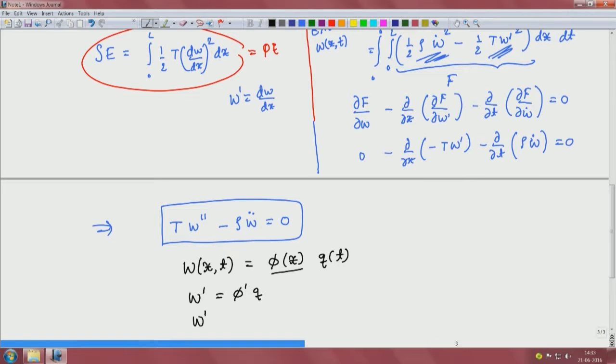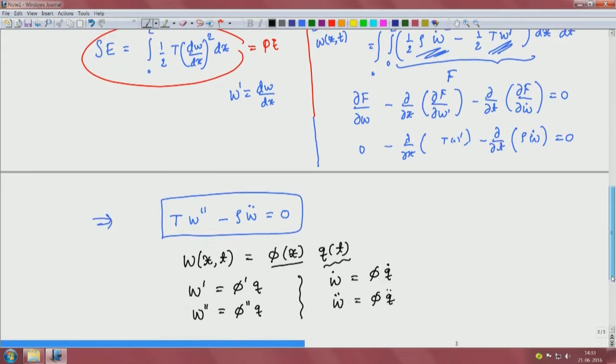Similarly, w double prime will be phi double prime q. Similarly, w dot will be phi q dot, because only q is a function of time. Similarly, w double dot will be phi q double dot.